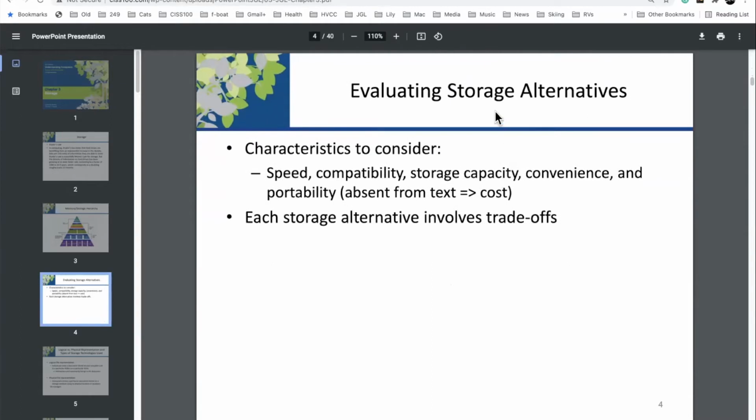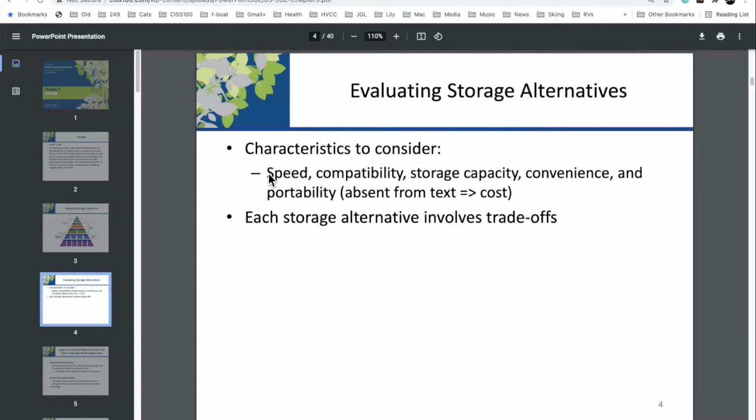When we evaluate storage, it's very similar to what we look at in, say, the memory hierarchy, right? There's always going to be a trade-off. I presented that it would be great to have a computer built entirely of register logic, that quick, operating at the same clock cycle as the CPU. Nobody could afford it, okay? There are always going to be trade-offs in the design of any computer system. We're going to see actually that it even applies to operating system design.